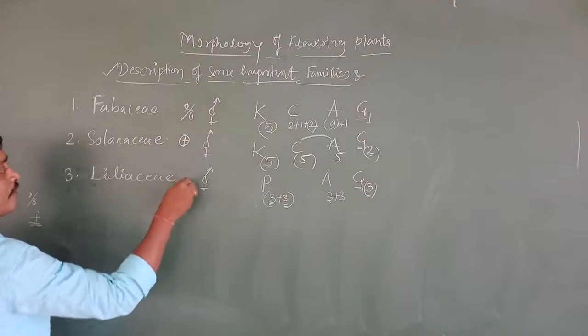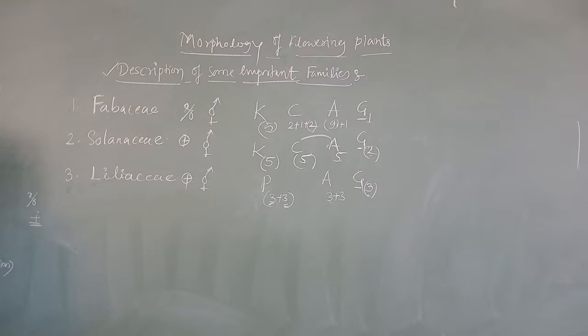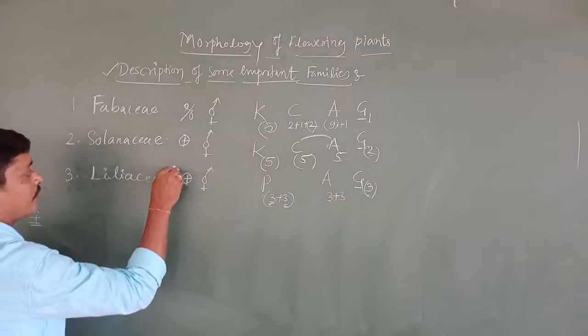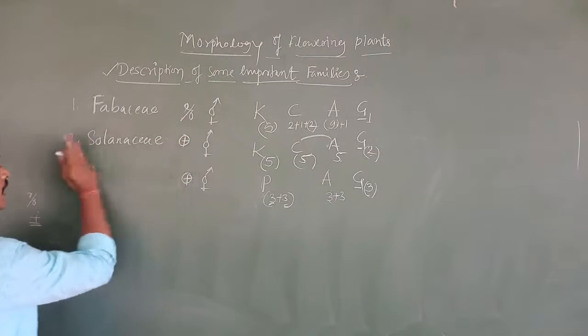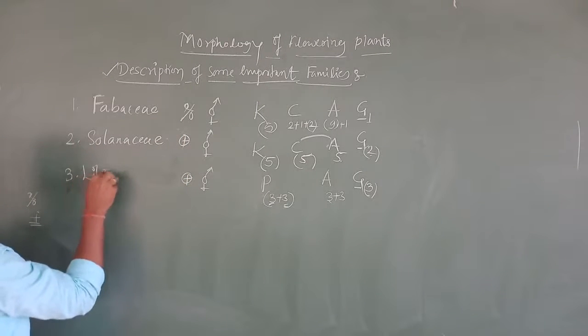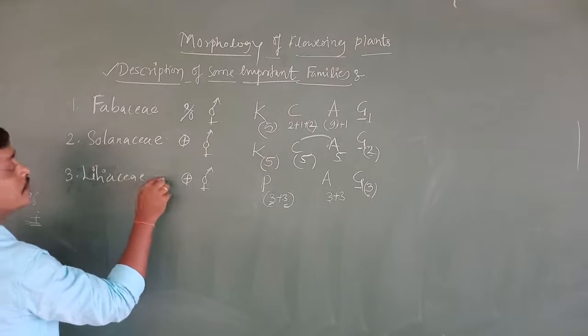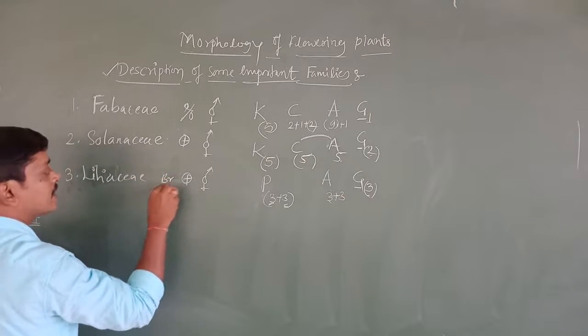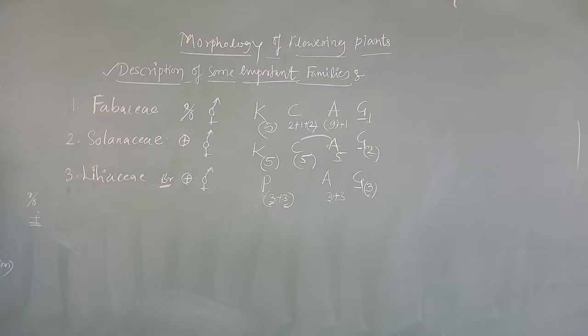Solanaceae is actinomorphic, and this one also actinomorphic. Understood? And in front of Liliaceae you write Br, in the sense this is bracteate. Now this is the floral formula for the families Fabaceae, Solanaceae and Liliaceae.